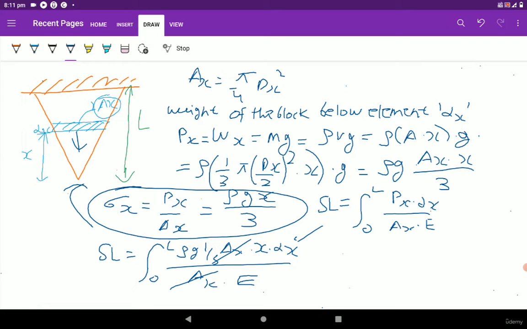So what we are left with is integral 0 to L of rho g x by 3 dx upon E.